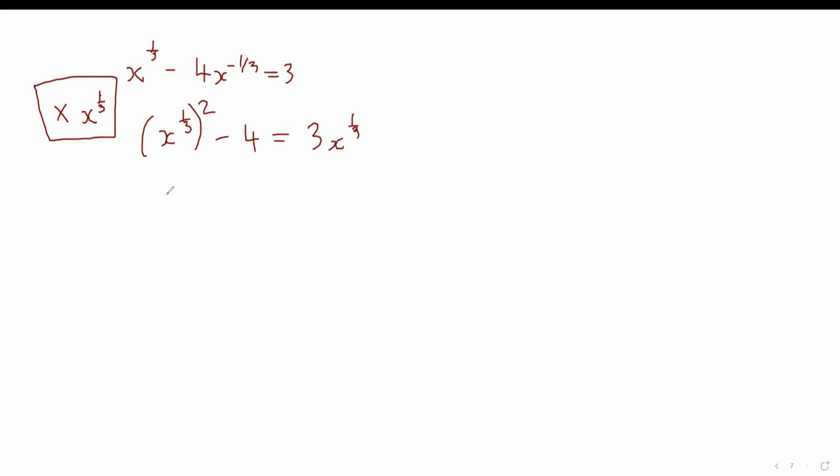So bring that over here now to get x to the 1/3 all square, then you have minus 3 times x to the 1/3, and then you have minus 4 is equal to 0. If this makes you feel better, you can actually call x to the 1/3 y.